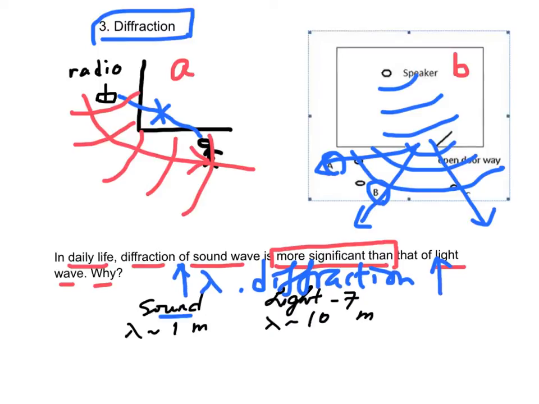For sound wave, the wavelength is of the order of 1 meter. And for light wave, the wavelength is of the order of 10 to the power negative 7 meter. Since the wavelength of sound wave is much larger than the wavelength of light wave, sound wave shows much higher diffraction than light wave.